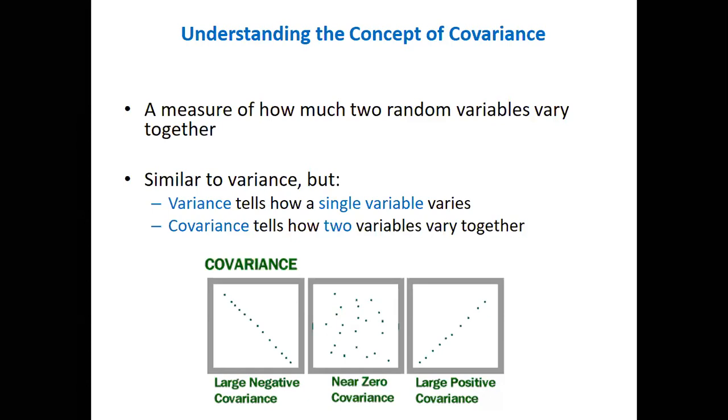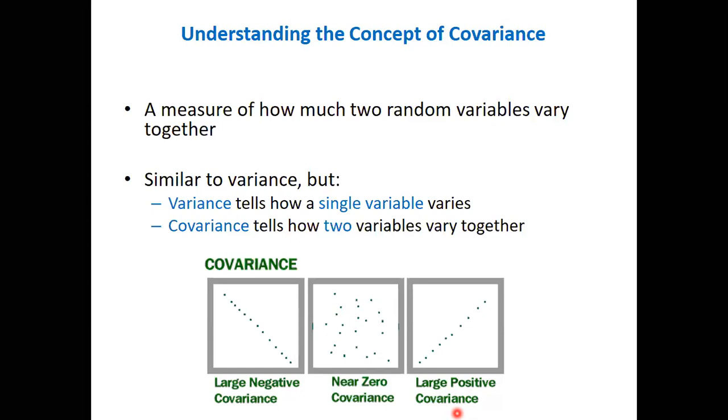Now, this one is just a picture, but the same picture goes for correlation. At the basic level, just look at it. If two variables vary together very well, let's say perfectly and in a positive direction, it means that as one increases in value, the other one also increases in value. It's always like that.